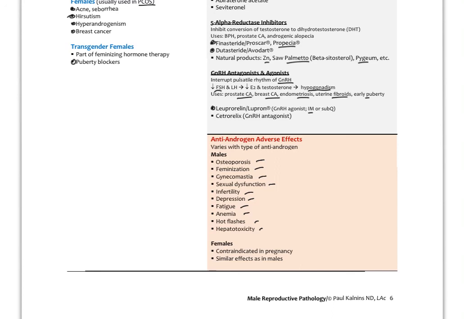So we get less testosterone, but more of it is going to be aromatized over to estradiol. So we're getting relatively higher estrogen, which is why some of these are hyperestrogen effects. In females, the antiandrogens are contraindicated in pregnancy for obvious reasons. It's going to shut off the important hormones there. And the adverse effects will be similar to those seen in males. So that's a little bit on anti-androgen therapy.